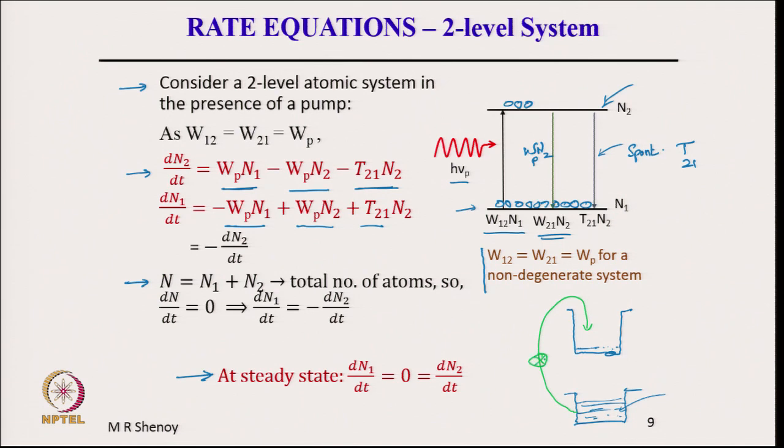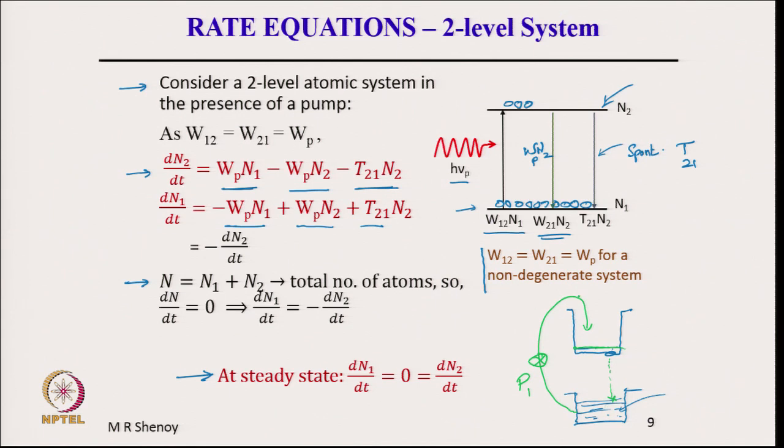So, we have a pump here. Pump 1, P1, atoms get lifted into the upper level or upper bucket, but the bucket has a small hole, because atoms also come down spontaneously. So, atoms will come down from here, but at any state, depending on the pumping rate, you will have a certain steady state level.